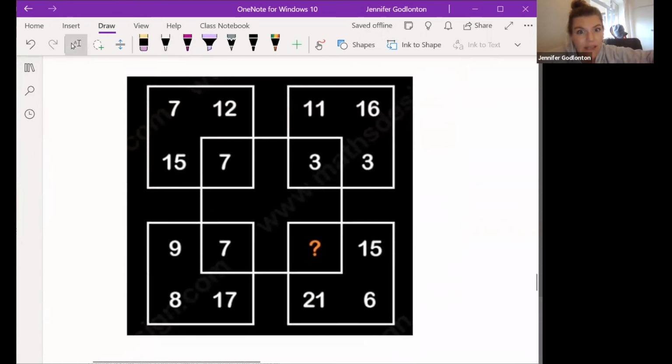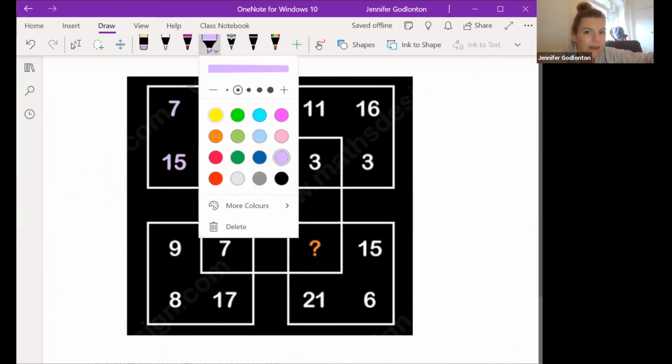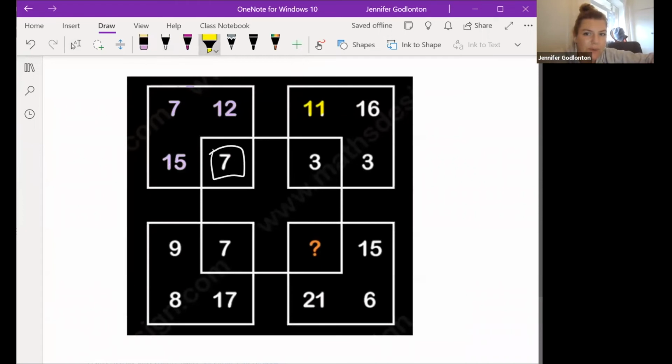I am going to give you a hint for this one because it's tricky. The relationship between these three that I've just highlighted purple is what's going to help you get to that number.